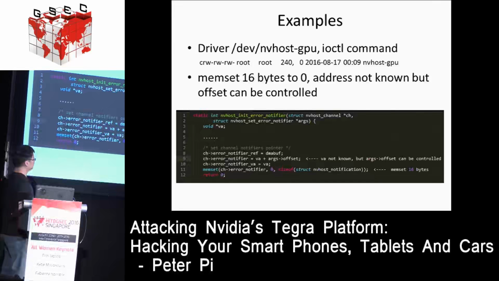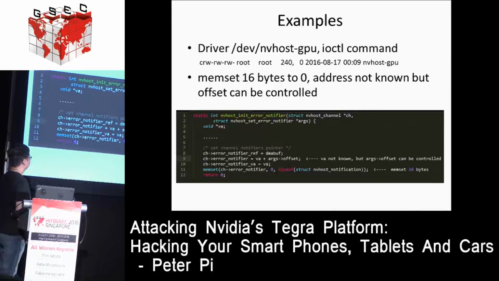This is the second example. It is in driver nvhost-gpu when handling one IO control command. This driver also can be accessed by any user. You can see in the code, the args offset. The code doesn't check the args offset.